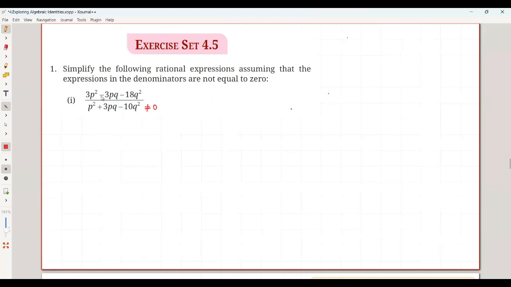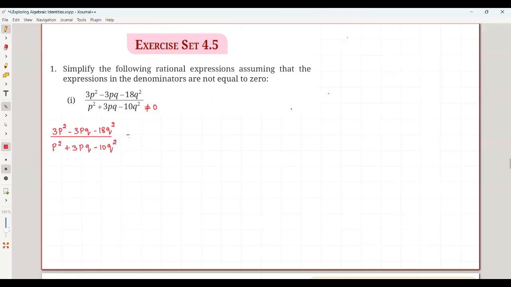But for the numerator, we can take 3 common. You can take 3 outside. First, I'm writing the question. 3p square minus 3pq minus 18q square, divided by p square plus 3pq minus 10q square.